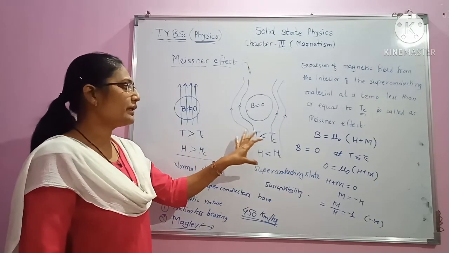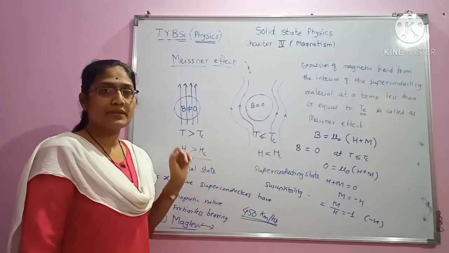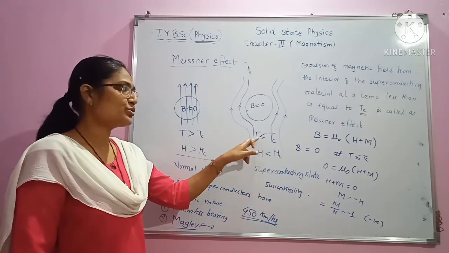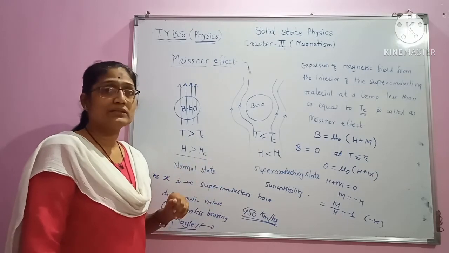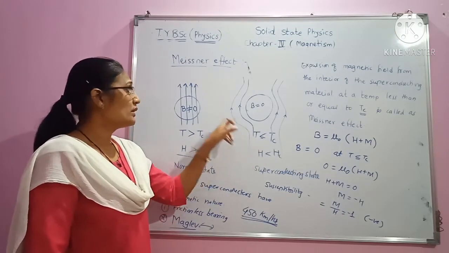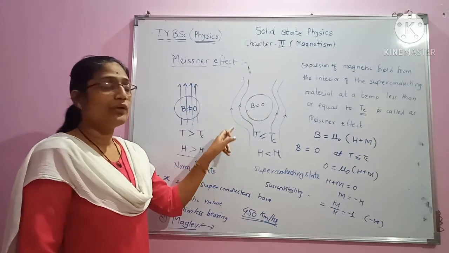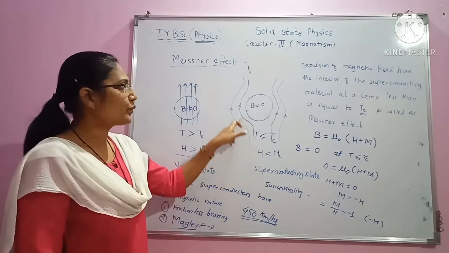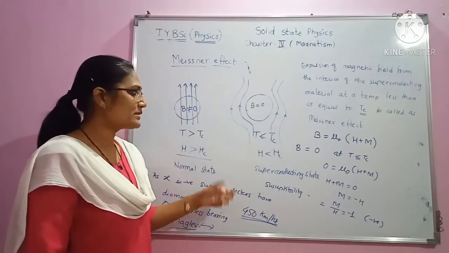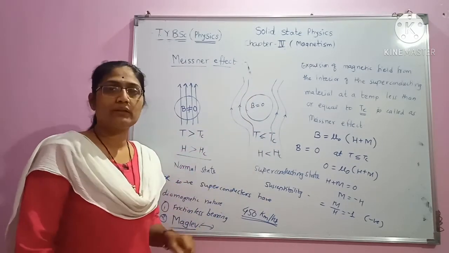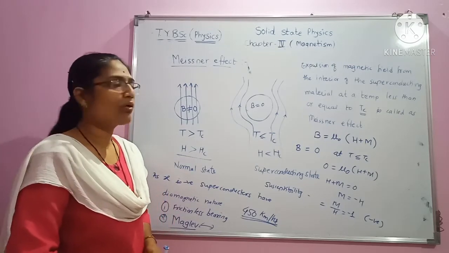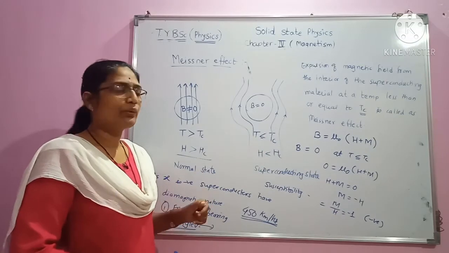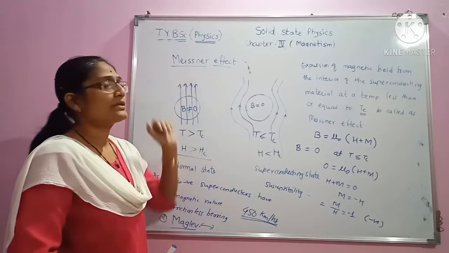But when we lower its temperature, and when the temperature of the given superconductor reaches a value which is less than Tc, then in this condition, the magnetic lines of flux will not penetrate through the given superconducting material and will be expelled from it, and hence this phenomenon of expelling the magnetic field from the interior of the superconductors at a low temperature of Tc or below Tc is called the Meissner effect.